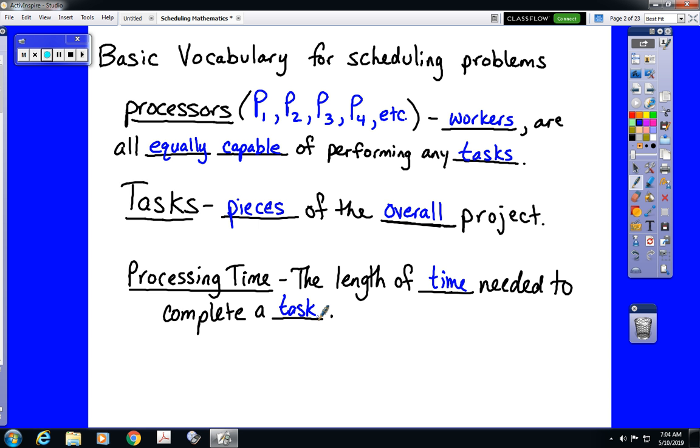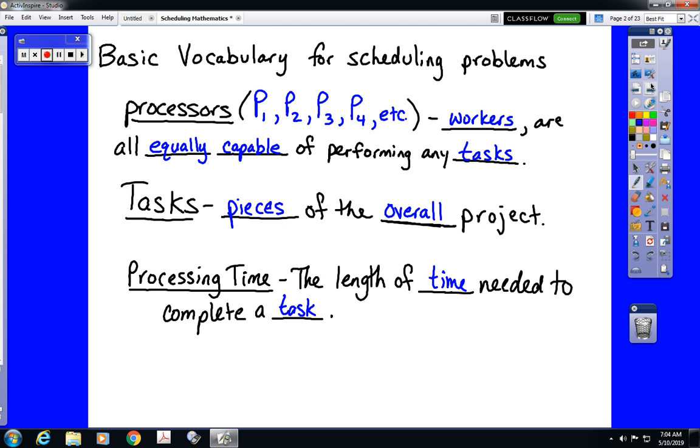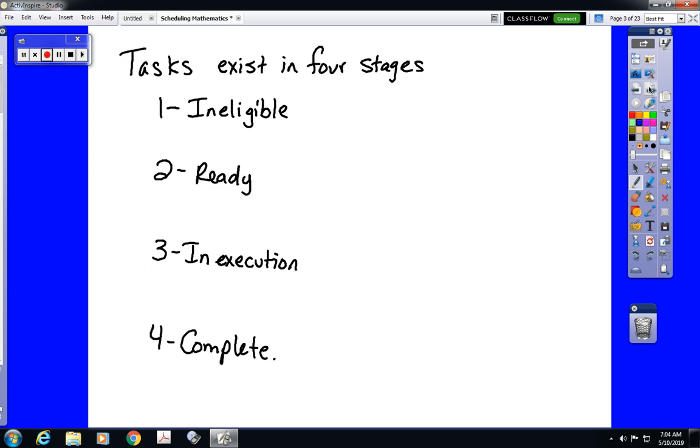And you may have noticed that we had those tasks and those processing times listed on the previous page. In the first column was the name of the task. In the second column was a symbol for the task, and then after that symbol was a number. That number is the processing time.